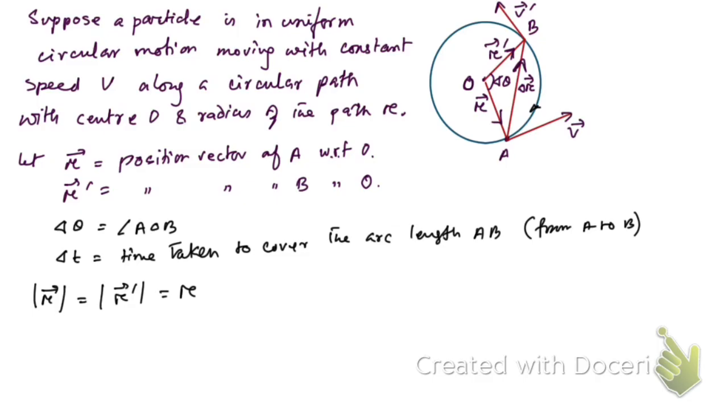Similarly, as it is moving with constant speed, so magnitude of these two velocities v dash and v, their magnitudes are same, but due to direction they are two different vectors, but magnitudes are same. V is equal to v dash is equal to v. Okay, so hope you have understood this.